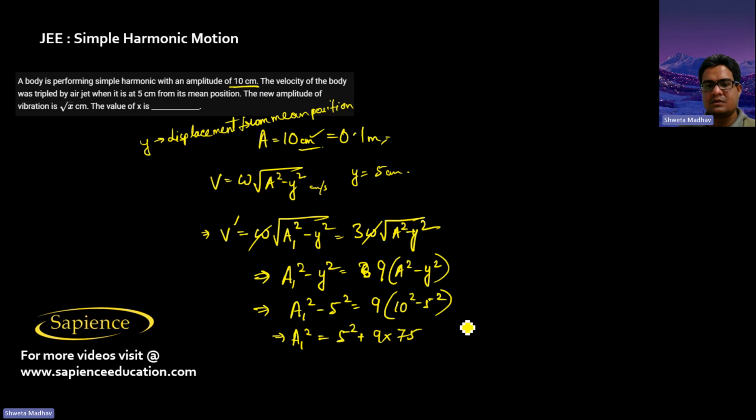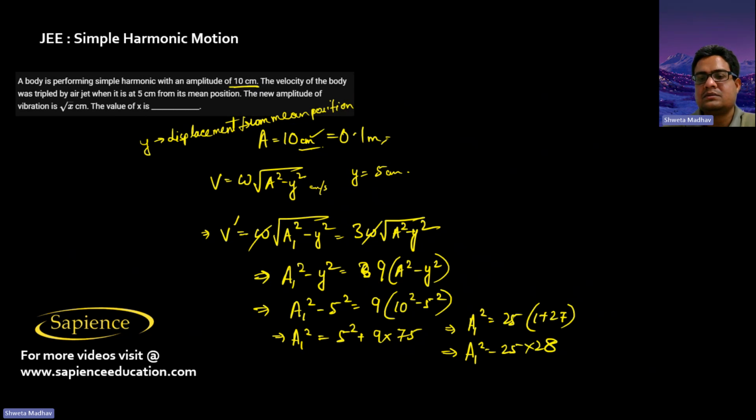So therefore, I can say this is 25. So a1 square, I can say that is 25 into 1 plus 27, it's 28. Therefore, a1 square is 25 into 28.